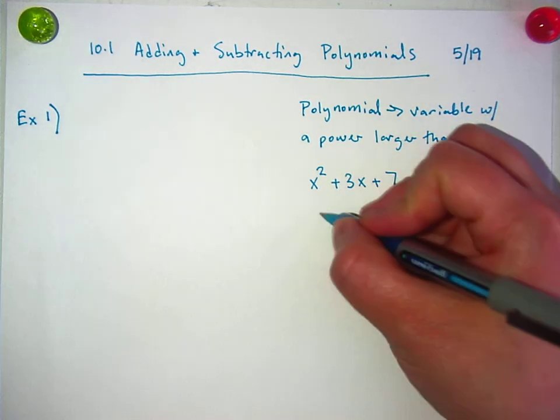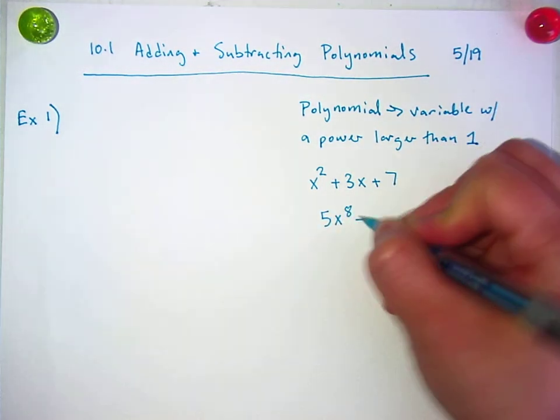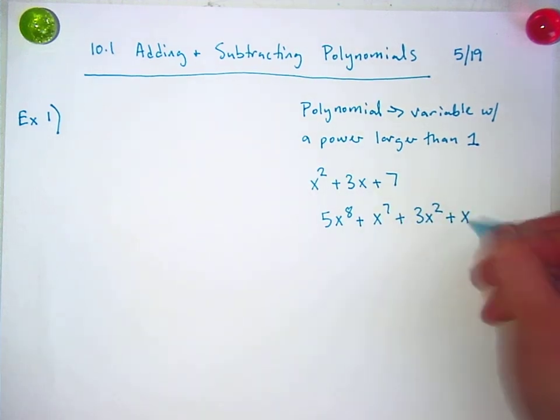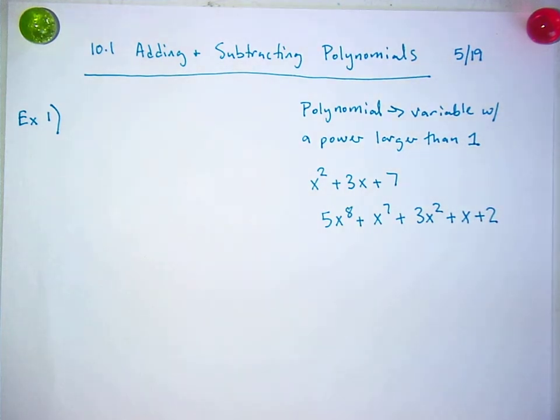I could also have 5x to the 8th plus x to the 7th plus 3x squared plus x plus 2. I don't have to have all of them like a countdown, but anything that has a power greater than 1. Poly means more than one. Binomial means specifically that it is just like a 3x plus 2, just that x value and another value.